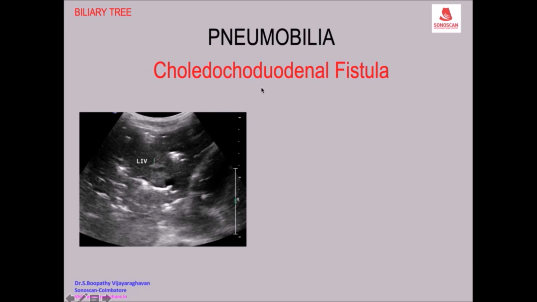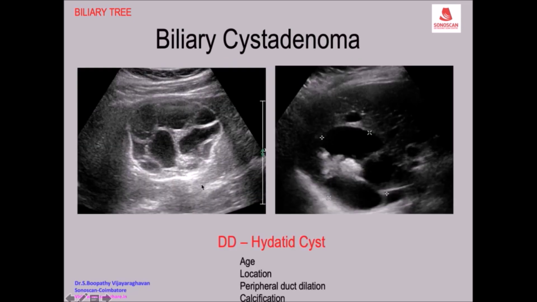Rarely there may be a cystic tumor of the bile duct, that is called the biliary cystadenoma. It typically presents as a multiseptated cystic mass, particularly in children, and it has to be differentiated. It mimics hydatid cyst. The pointers are the age. Hydatid cyst is in the middle and later age, whereas biliary cystadenoma happens in children.